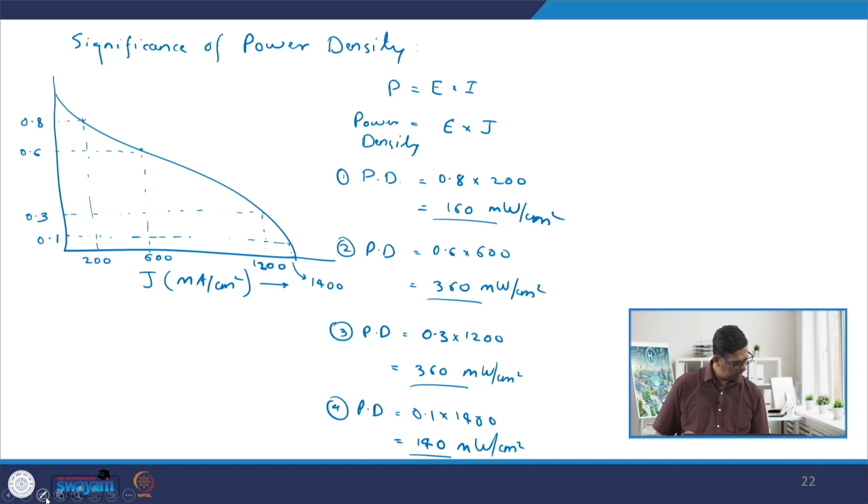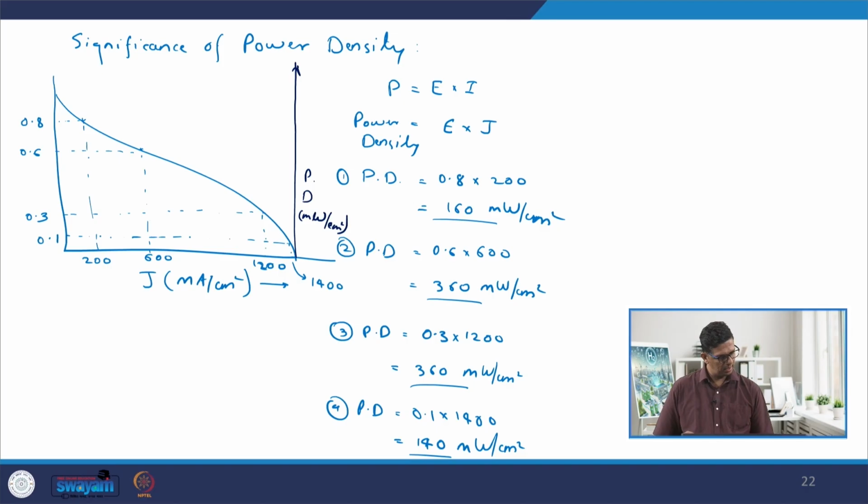Now let me plot these numbers 160, 360 and 140 at the respective points. This is the power density axis, the vertical, in milliwatt per centimeter square.